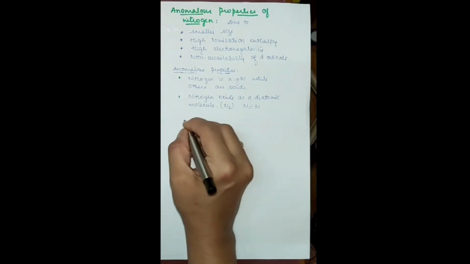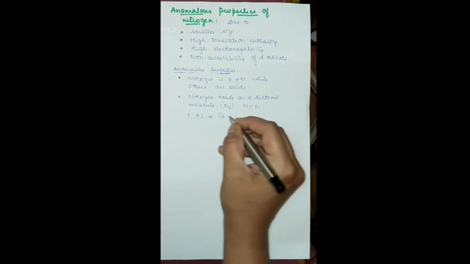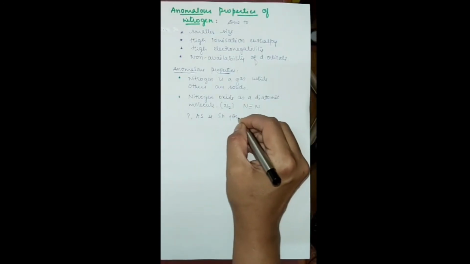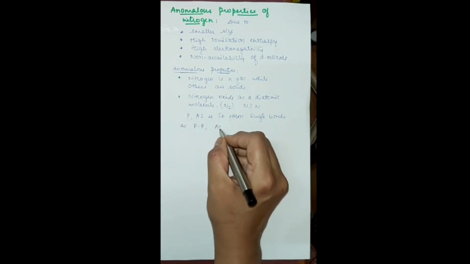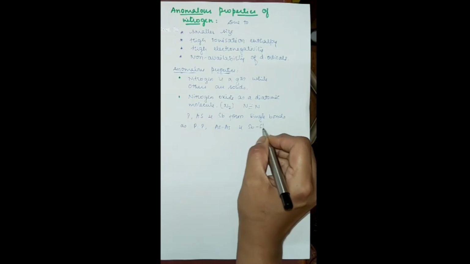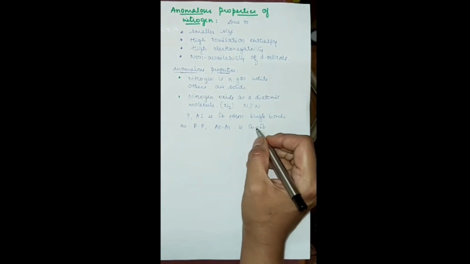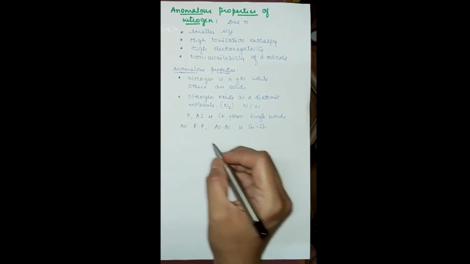On the other hand, phosphorus, arsenic and antimony form single bonds, while bismuth forms metallic bonds in the elemental state.